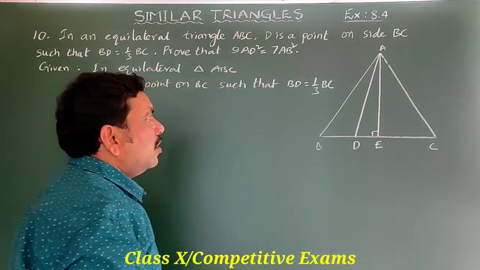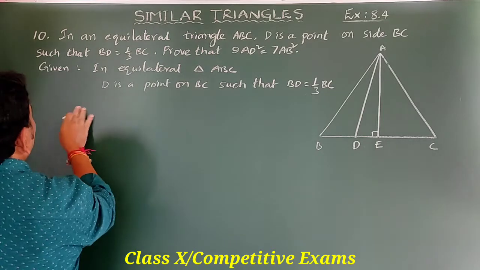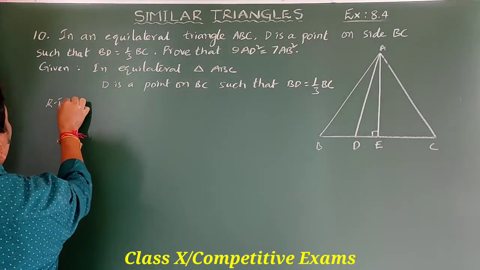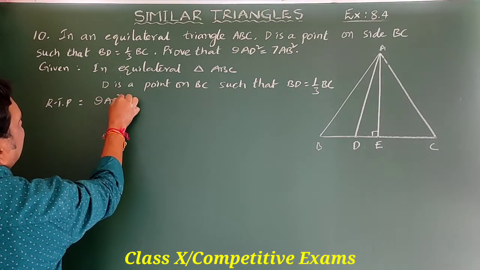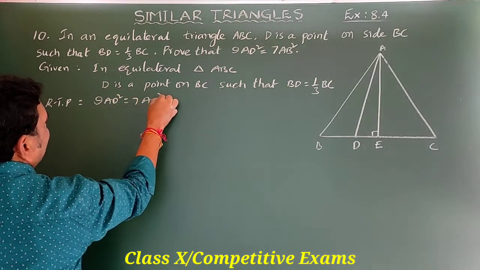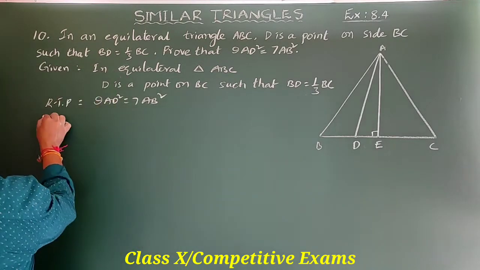Next, RTP. What we have to prove? 9AD square is equal to 7AB square.